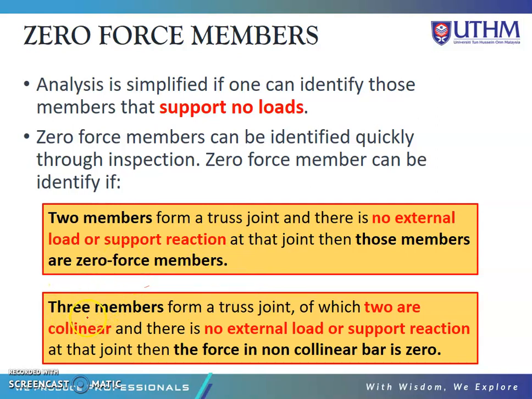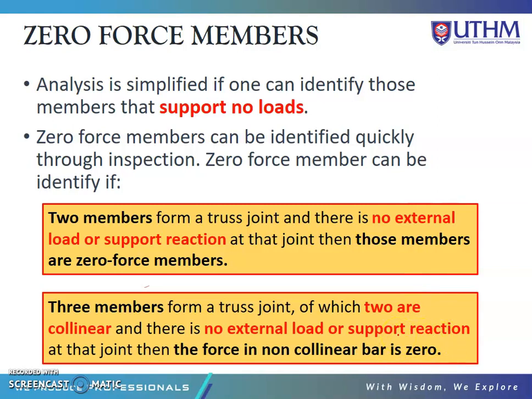The second condition is when three members form a truss joint, of which two are collinear, and there is no external load or support. The same condition as the first, which is no external load and no support at that joint. Then the force in the non-collinear bar will be a zero force member.